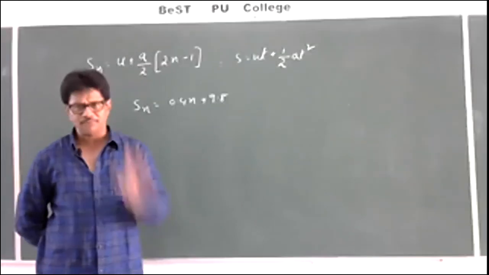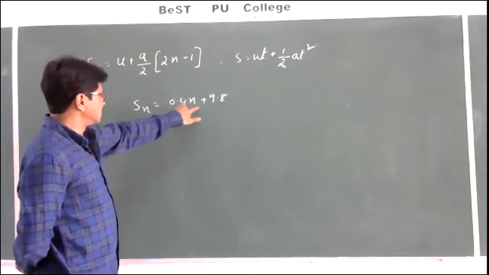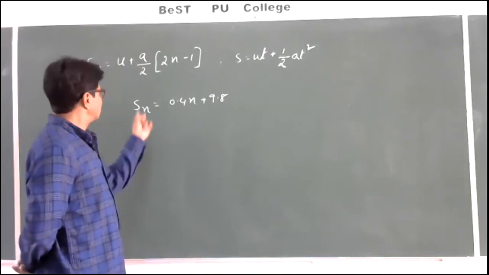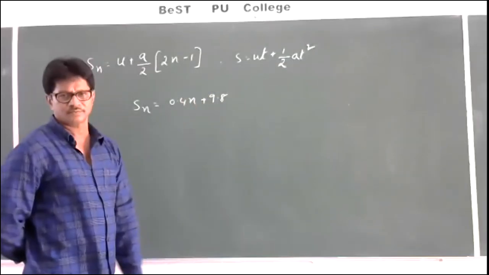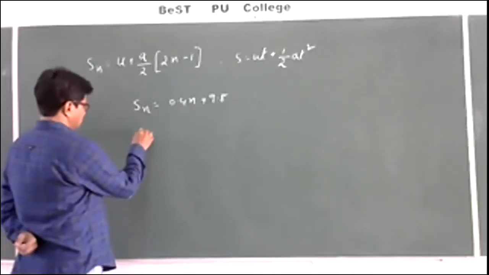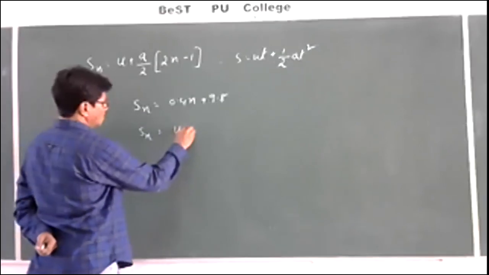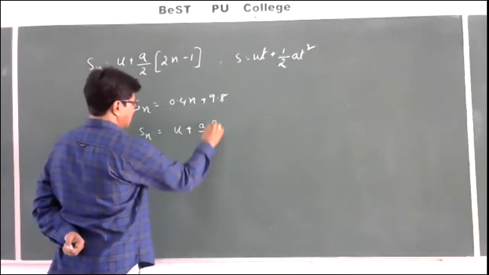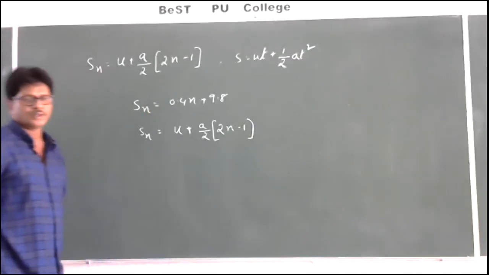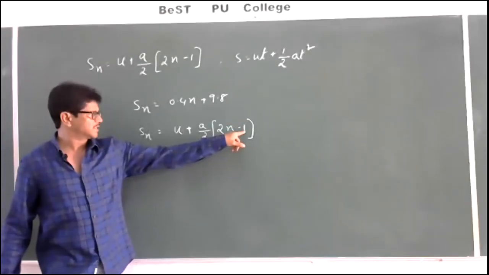So this was the problem. He is given the distance traveled in the nth second, and now he is asking us to find the initial velocity. As we know, the standard formula for the distance traveled in the nth second is u plus a by 2 into 2n minus 1.